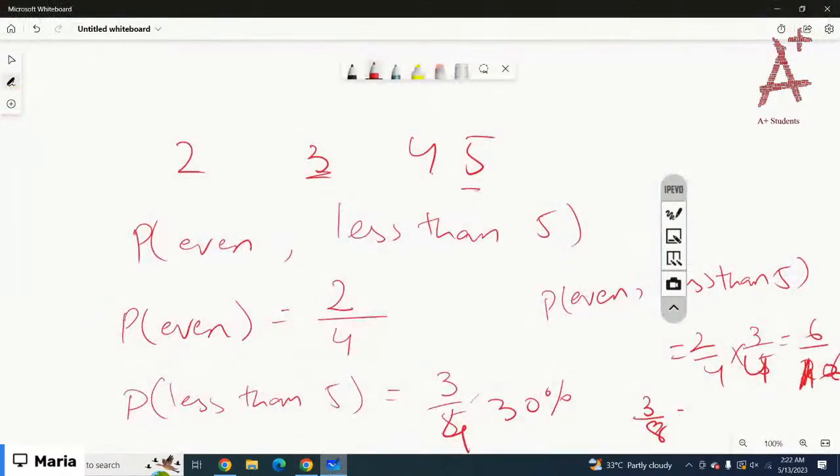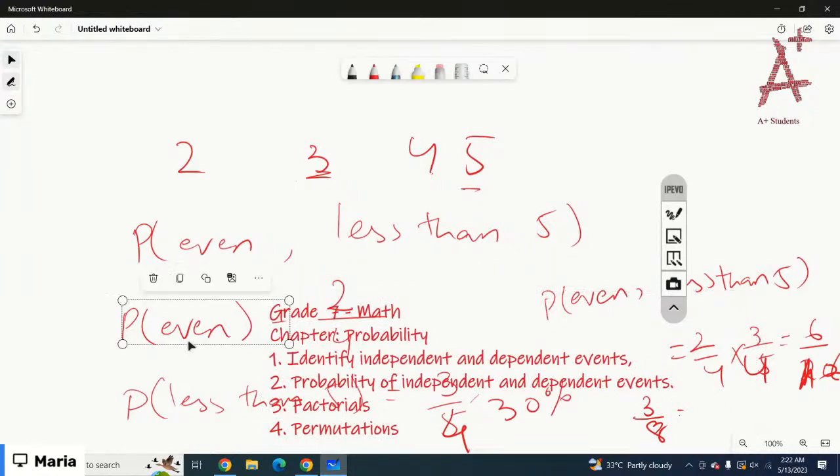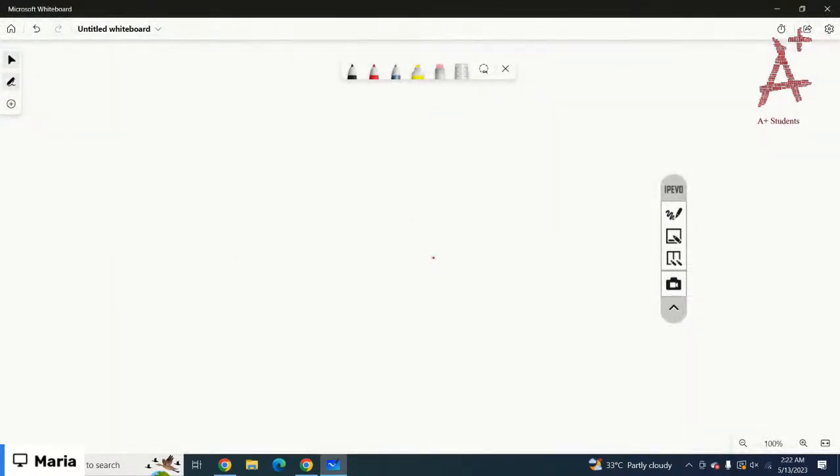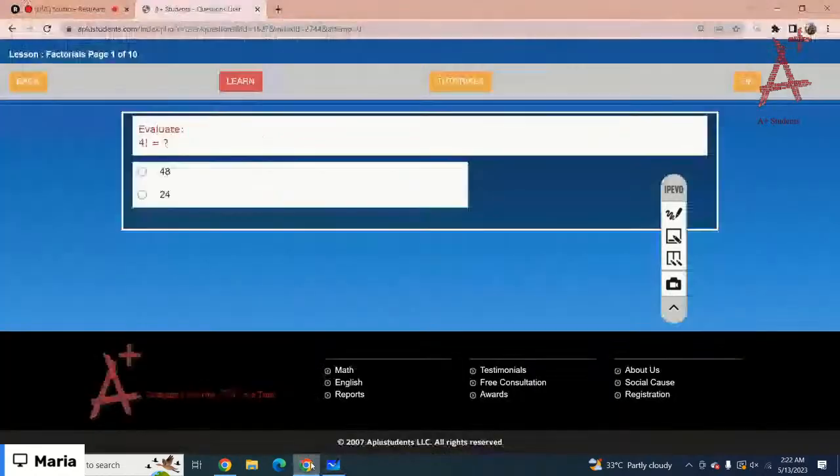So 4 factorial would be 4 times 3 times 2 times 1. It means 4 times 3 is 12 and 12 times 2 is 24. So 4 factorial is 24. Got it? The correct option is 24.